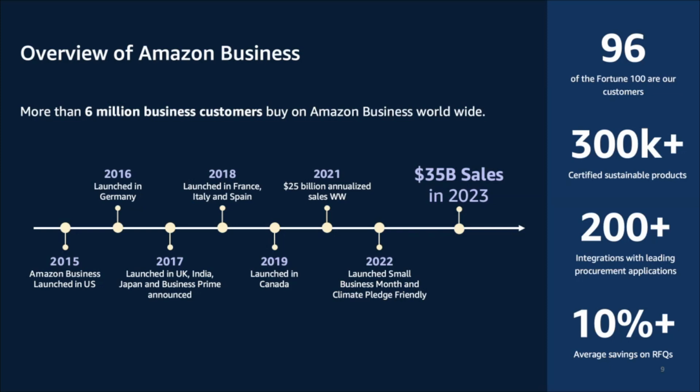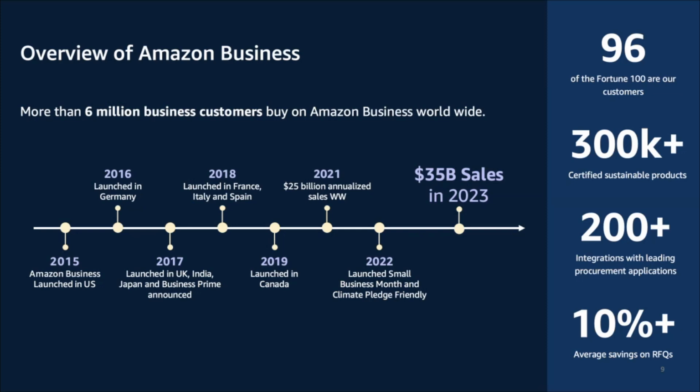So Amazon Business was launched in the US in 2015 and is Amazon's tailored solution for corporate customers. We provide a purchasing platform that organizations can use to fully configure and control their purchases, and the platform hosts one of the biggest and broadest selections of products in the world.